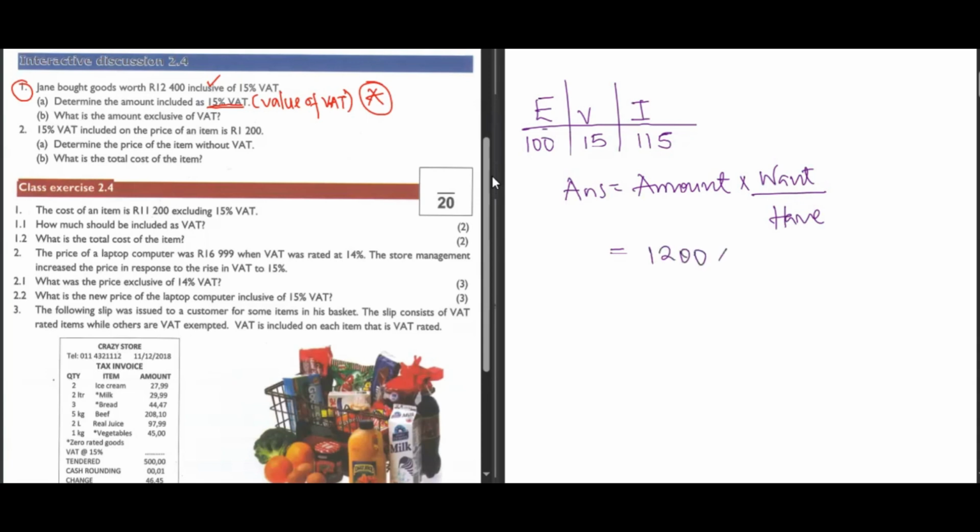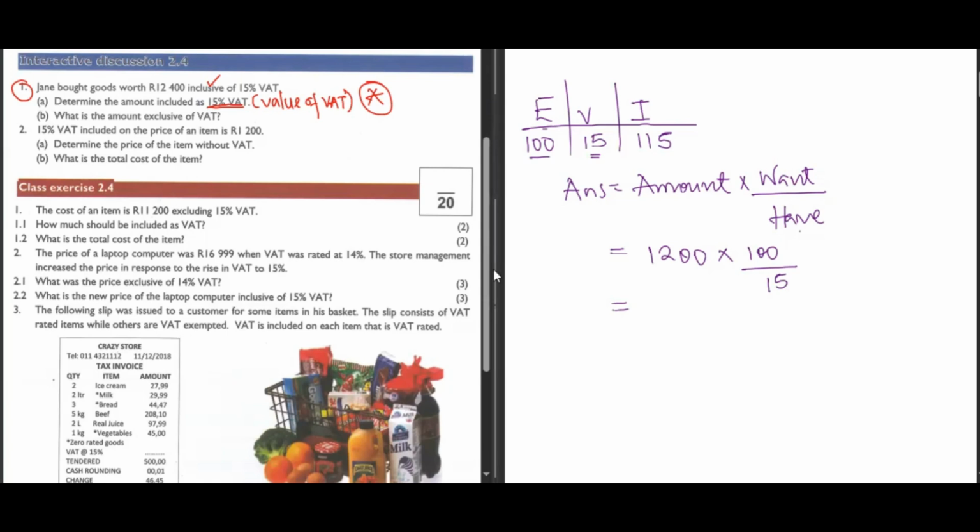1,200 times, what do you want? We want 100%. So we shall say 100 over what do you have? Because this 1,200 is representing the value of VAT. So simply meaning we have 15% here. So write 15% there. You still get the same answer as 8,000.